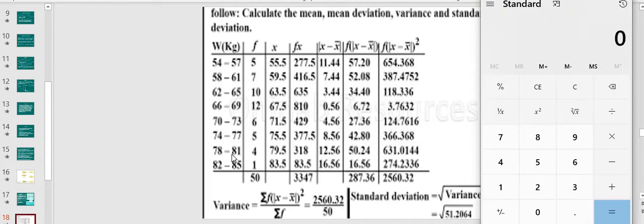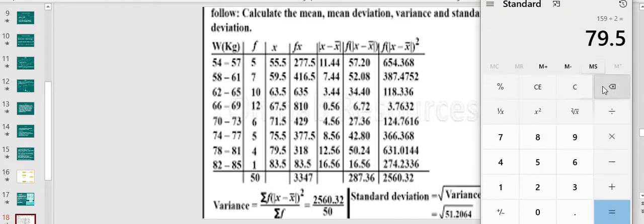And then 74 plus 77, divided by 2, equal to 75.5. And 78 plus 81, divided by 2, which is equal to 79.5.